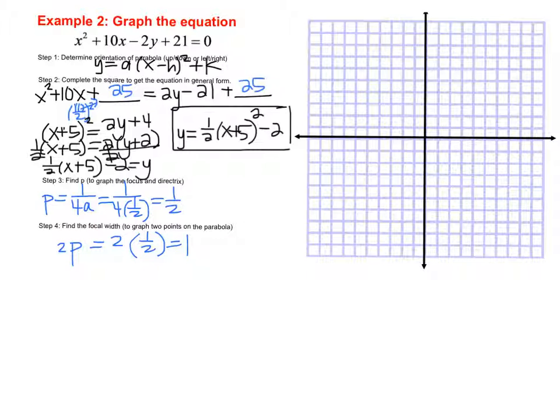So now let's do everything we need. The vertex is always (h, k). Looking here, the h is in parentheses with the x this time, and the k is on the outside. So that's going to be -5. Remember, think opposite sign. And then -2, same sign. So now we have the vertex.